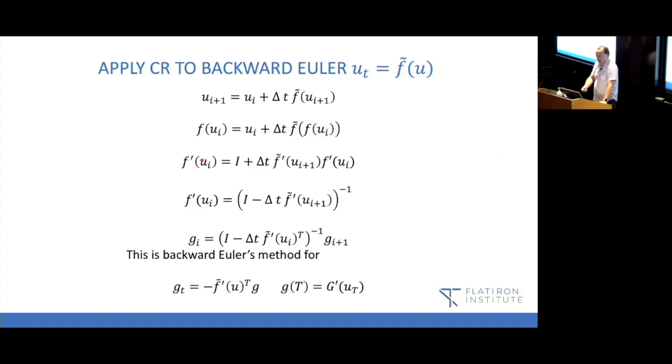So we calculate the derivative, and there's the derivative in terms of the f tilde prime. And then we can go ahead and write what G_i is, and then go back and interpret it. It's backward Euler for the same equation. And so this is generically true, whatever scheme you're using for your numerical integration.